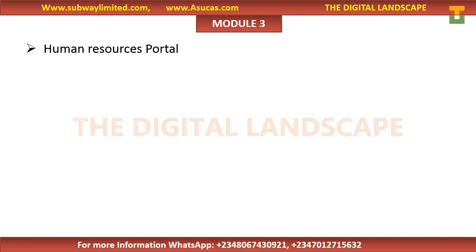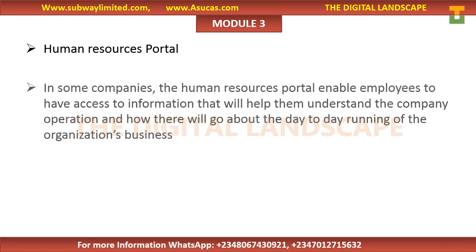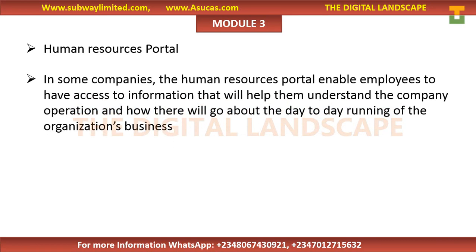So, the human resources portal. In some companies, the human resources portal enables employees to have access to information that will help them understand the company operation and how they will go about the day-to-day running of the organization's business.